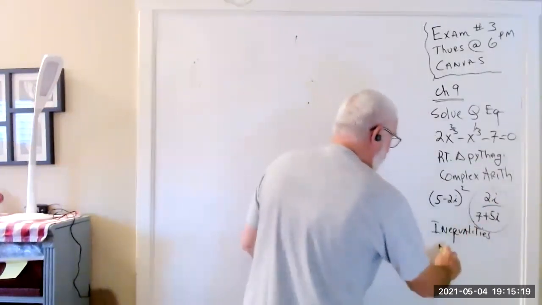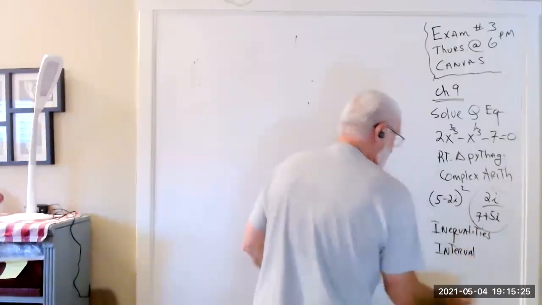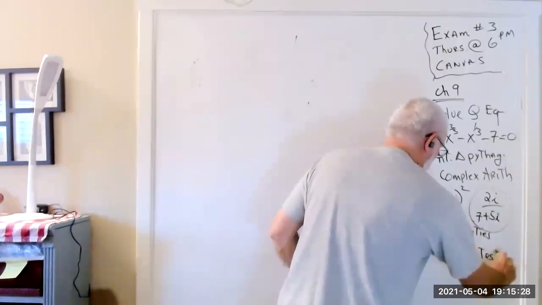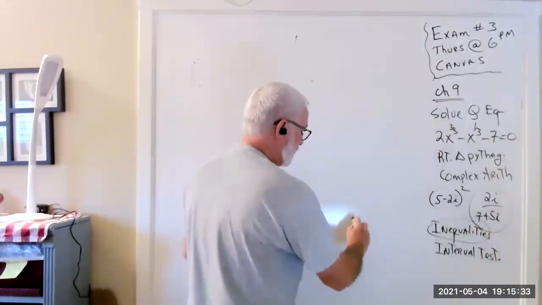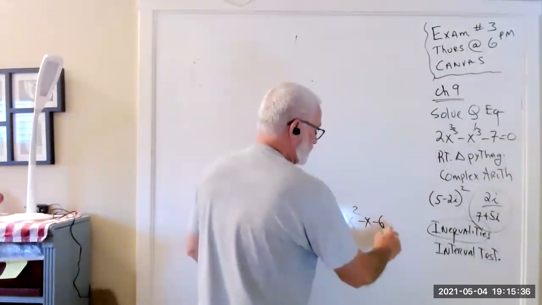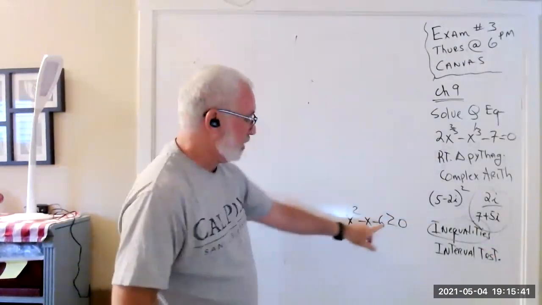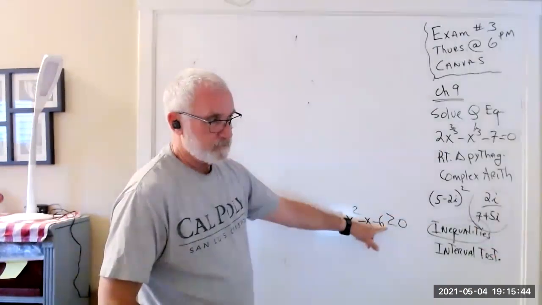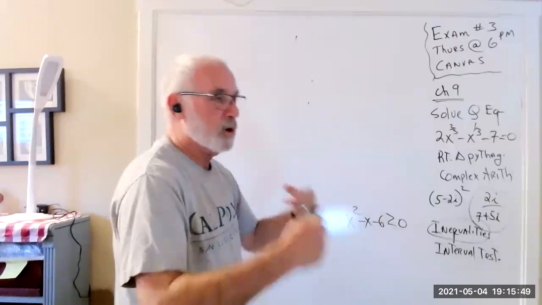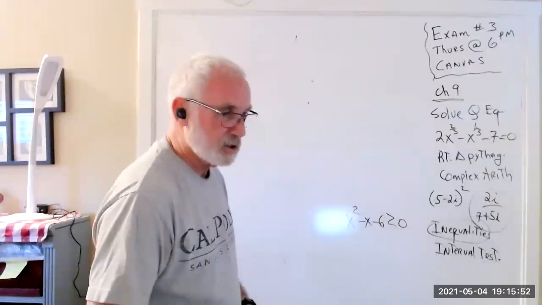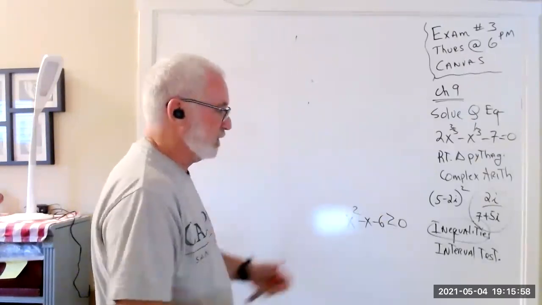And lastly, there's going to be inequalities that require interval testing, which I've gone over until I'm sick of it. I don't know about you guys. So if you had something like x squared minus x minus 6 is greater than or equal to 0, remember we would solve it as if it were an equal sign, and we get critical values, put them on a number line like I've shown about a gazillion times, and then test with the words true and false and all kinds of stuff.